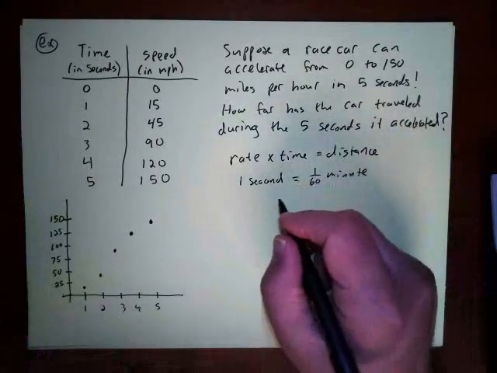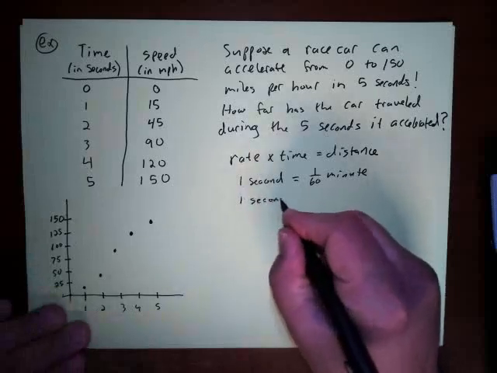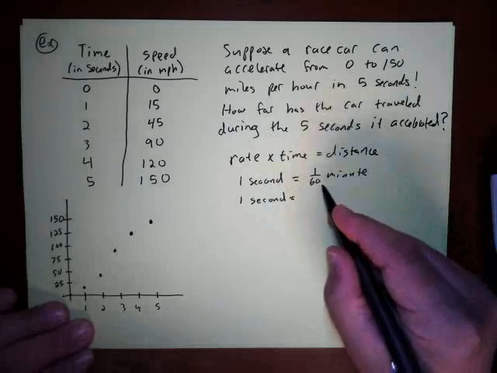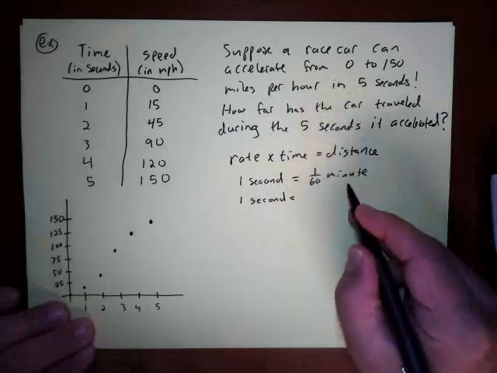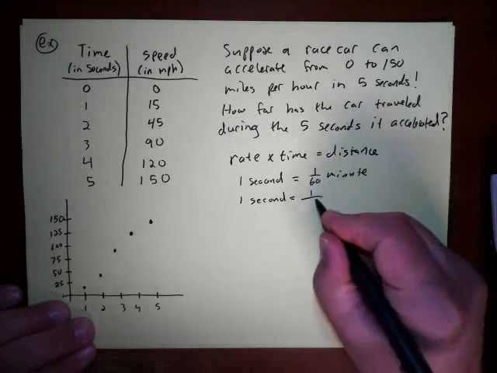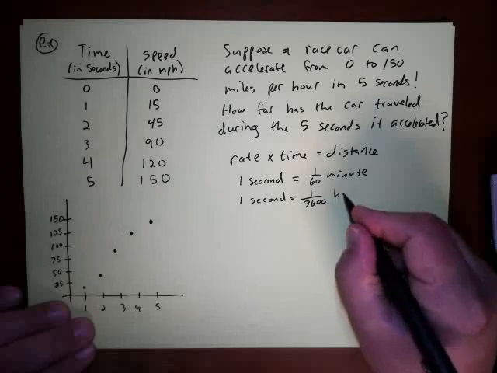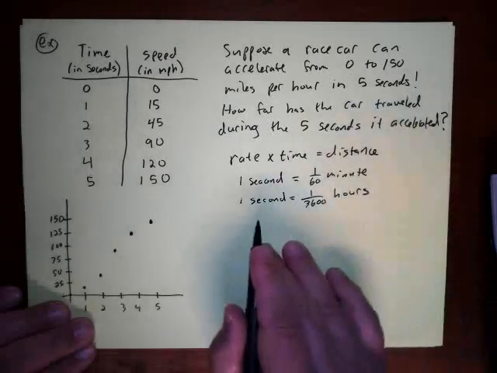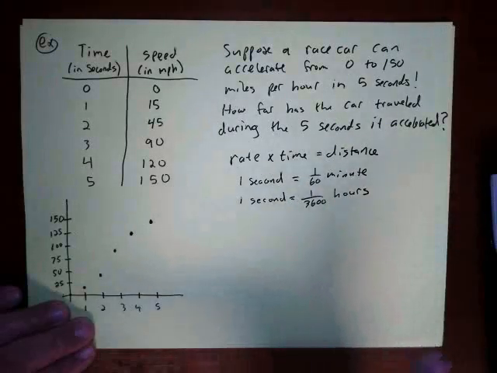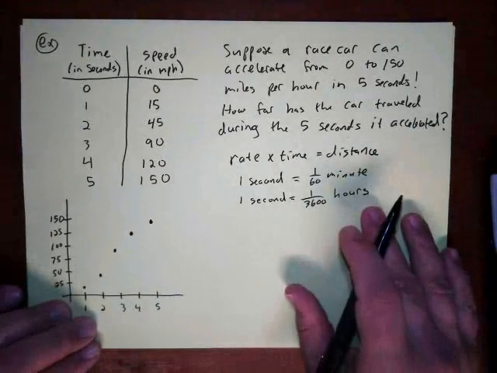And so putting this together, 1 second is going to be 1/60th of 1/60th of an hour. And that would be 1 over 3,600 hours. So 1 second is 1/3,600th of an hour. Okay?